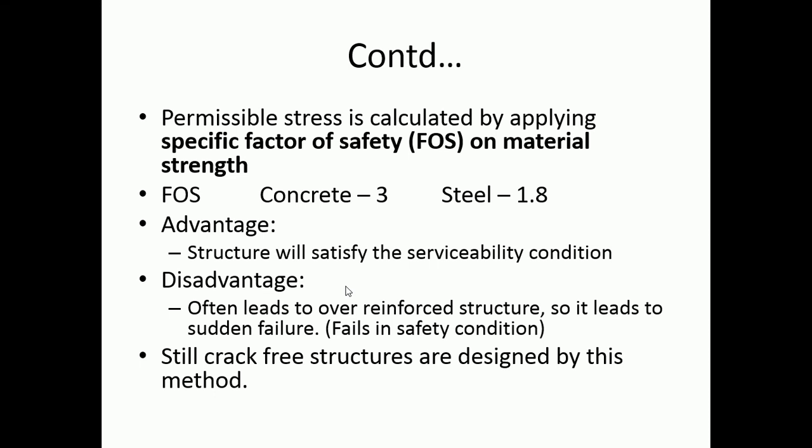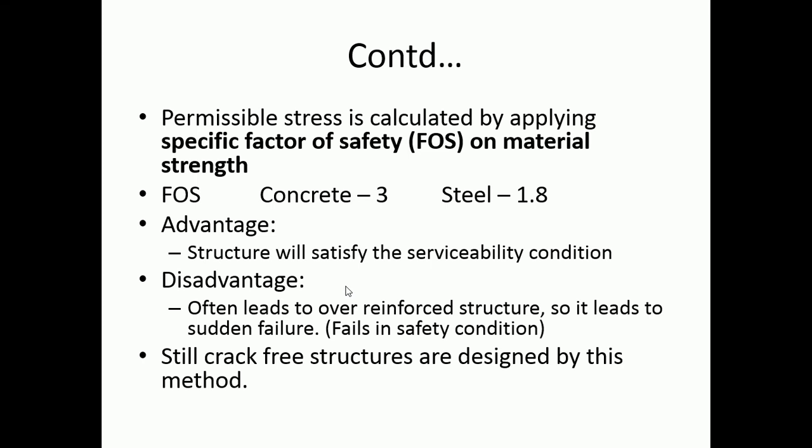Whatever load is going to act over the building, the same load will be used, but for the material strength we will be applying a factor of safety. In the sense, we'll be reducing the strength of the material, or we'll be utilizing only a specified limit of the material strength. So we'll always have some reserved strength in the working stress method of design.